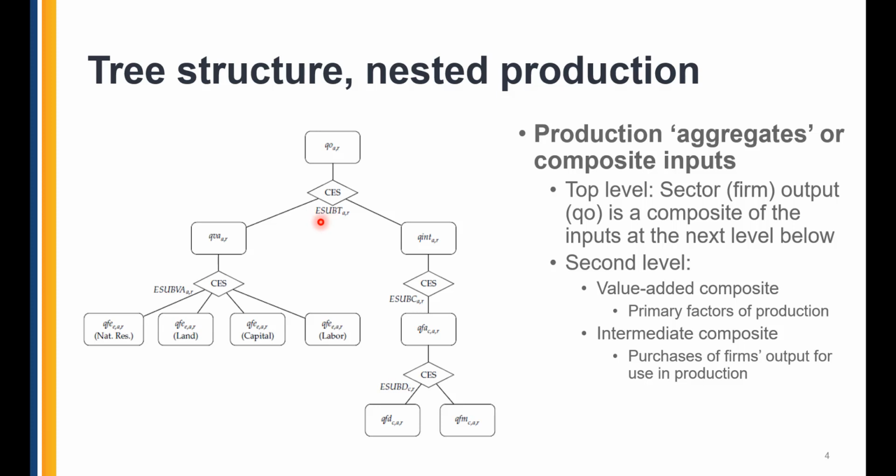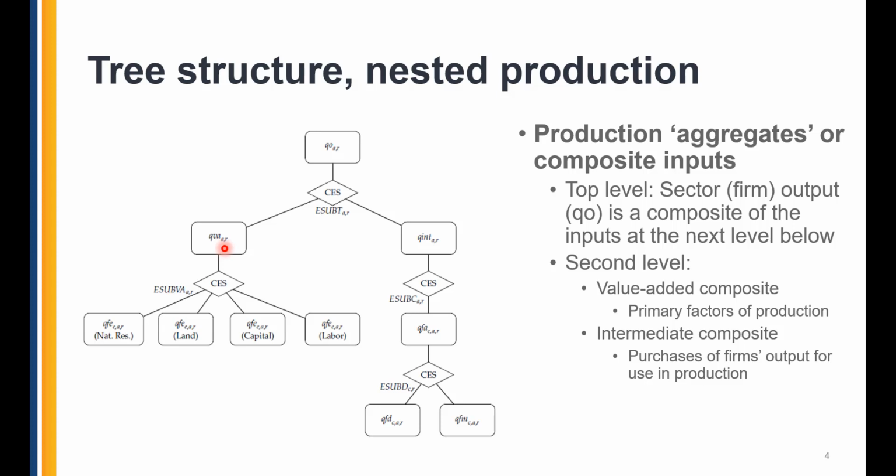Okay, so if this top block makes one production function, then somewhere a production function has to be in play that makes this value-added composite, because it's not something that exists, right?